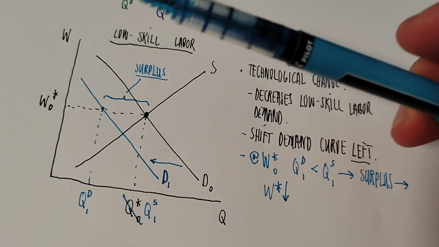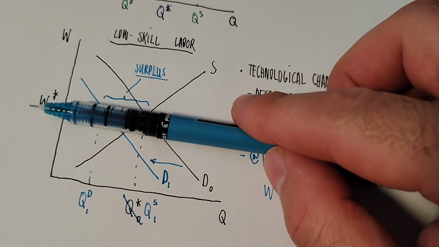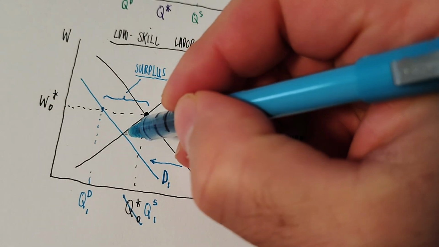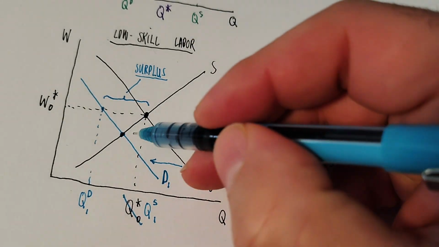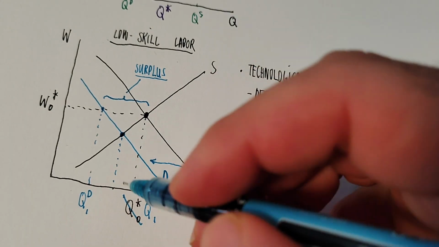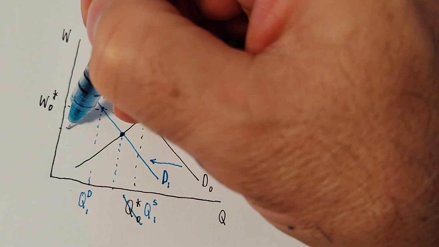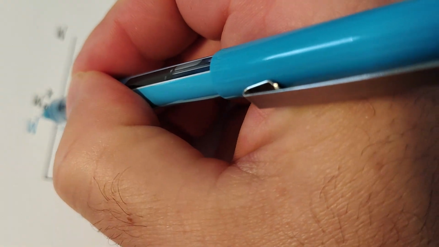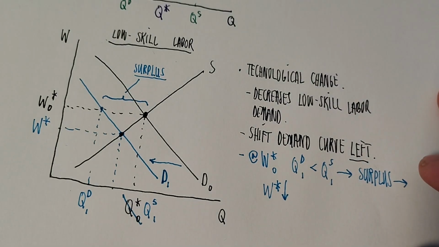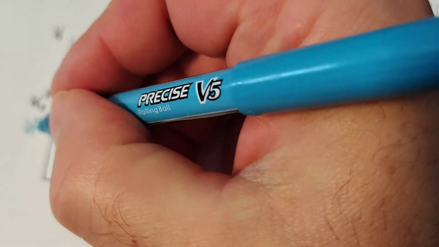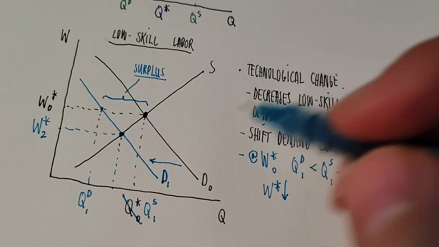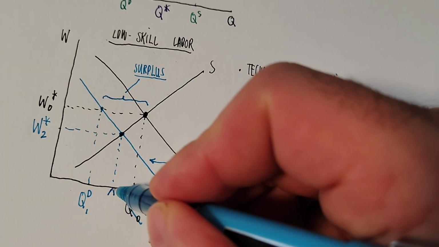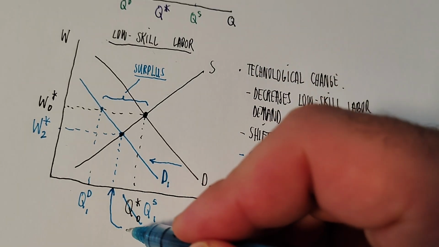And how far is it going to fall? It's going to fall until we reach our new equilibrium. So that's going to happen right over here. And I'm running out of room because I'm writing a lot. So let's call this W star 2. And then I'll just put an arrow here so that we can annotate it, Q star 2.